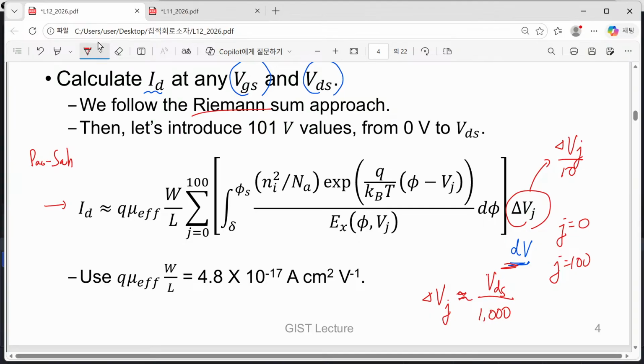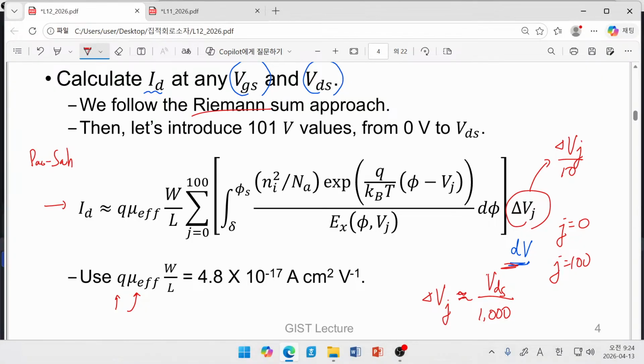But in this case, q is really a universal constant, and mobility, of course, is not a universal constant. Depending on your transistor, you may have different values, but you cannot assume too high or too low a value for your effective mobility.